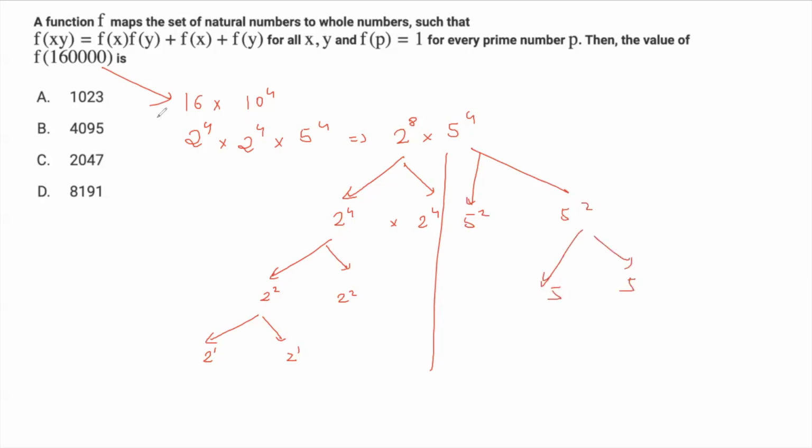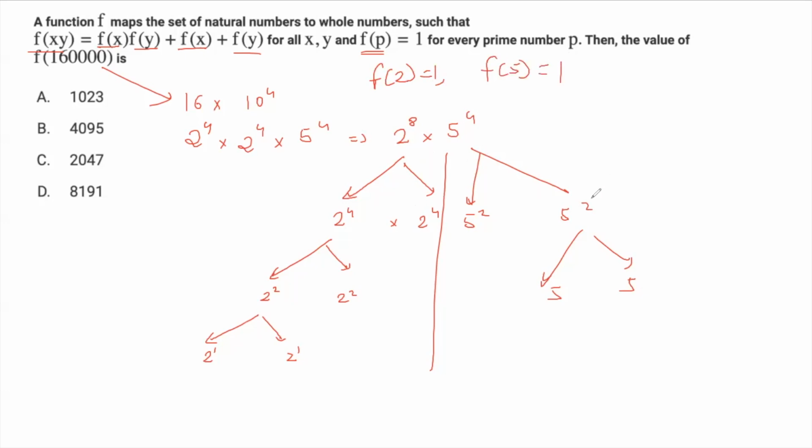Now, as per the given condition, f of xy is fx into fy plus fx plus fy, and f of p is 1 for every prime number p. So, f of 2 should be equal to 1, and so also f of 5 should be equal to 1.